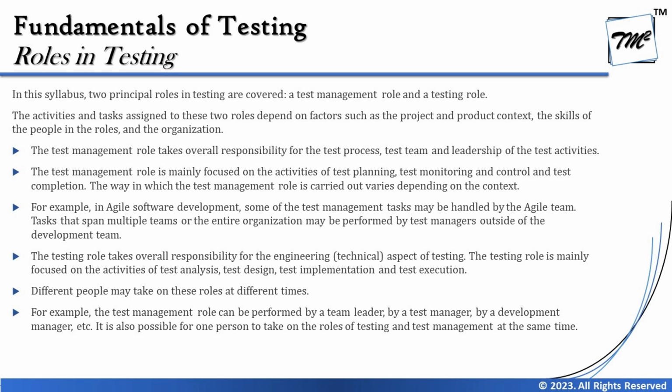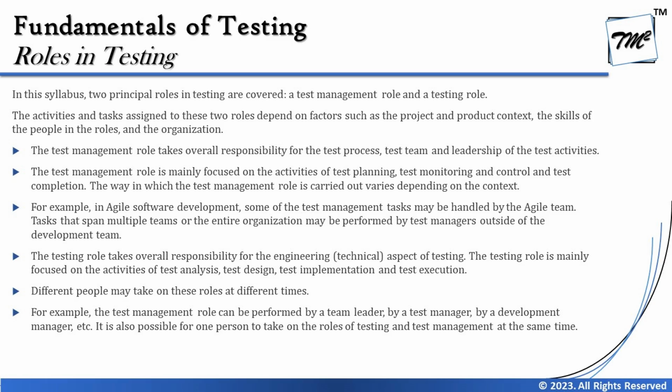The testing role is mainly focused on activities of analysis, design, test implementation, and test execution, which in turn means going through the requirements, writing the test conditions, the test cases, preparing the automation test scripts, the execution schedule, prioritization of the test cases. These are all done by the test engineers, not the test manager. Manager is more from the perspective of the process.